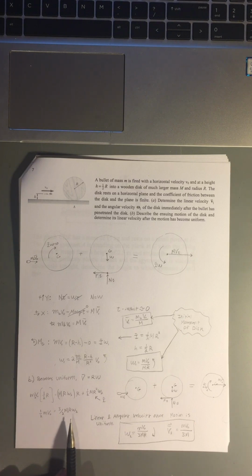And omega 2 is the angular velocity after the motion has become uniform, and v naught is our velocity after the motion has become uniform. And so looking at that and rearranging those, we come up with these two equations here for omega 2 and v2. And so these are the equations for the linear and angular velocity once the motion of this disc and bullet system becomes uniform. And so that is the solution for question 7.